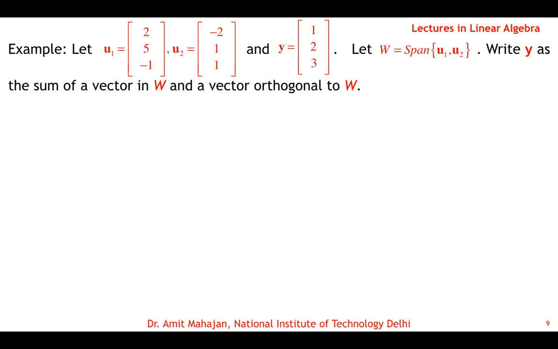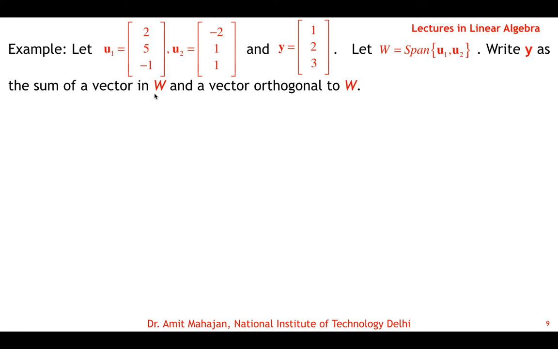Say another example. Let u1 and u2 be two vectors, and y be another vector, and w is the span of u1, u2. Write y as the sum of a vector in w and a vector orthogonal to w. So we need to find the projection of y on the space w, and we have to find the orthogonal vector.